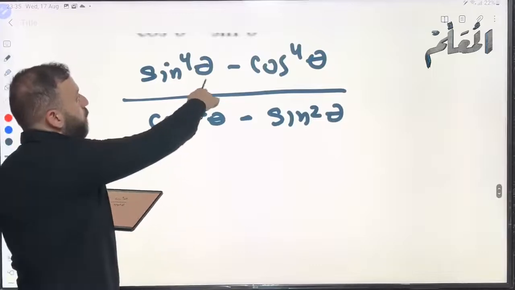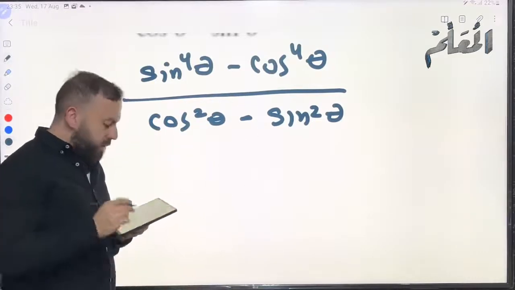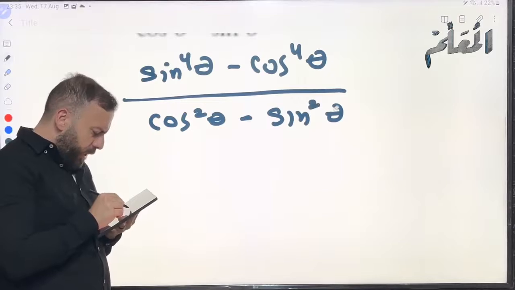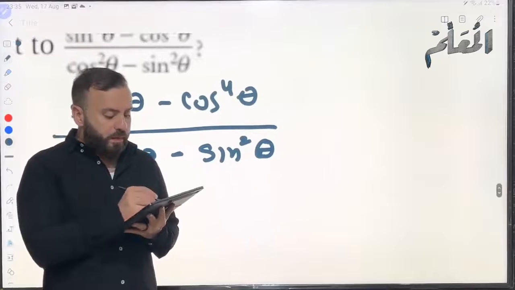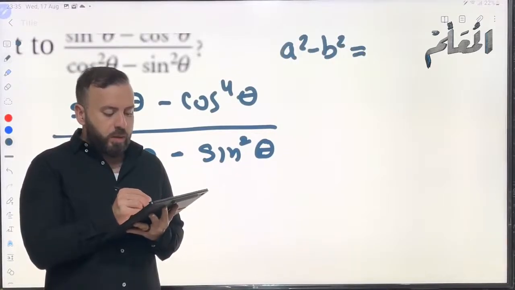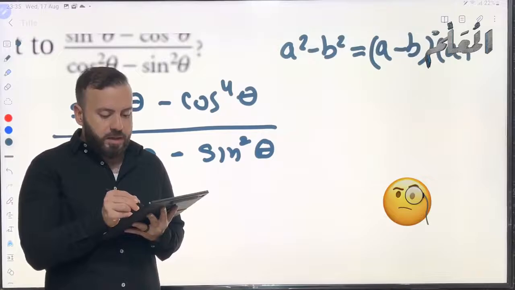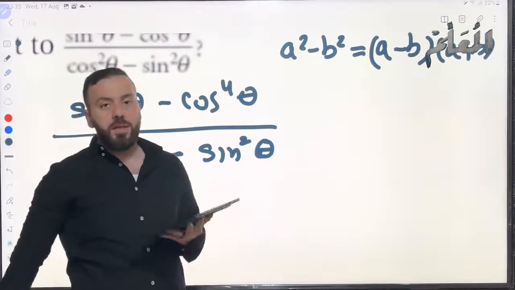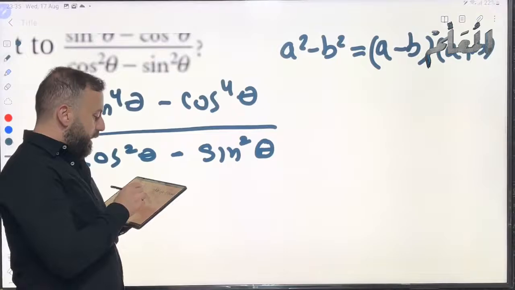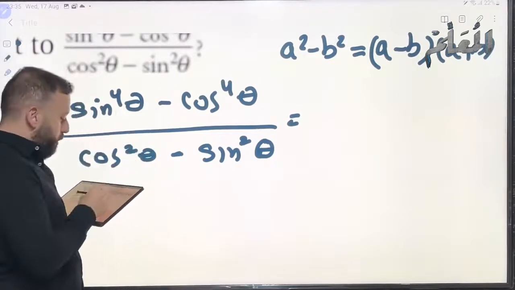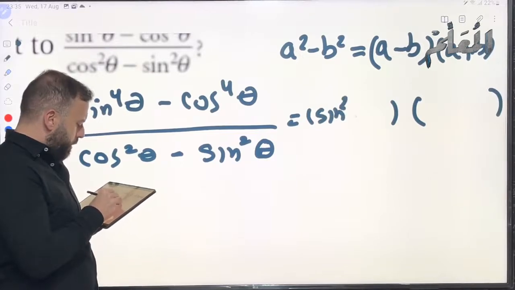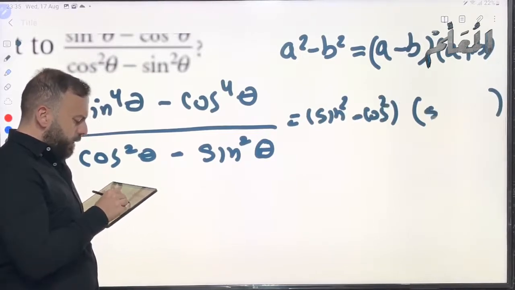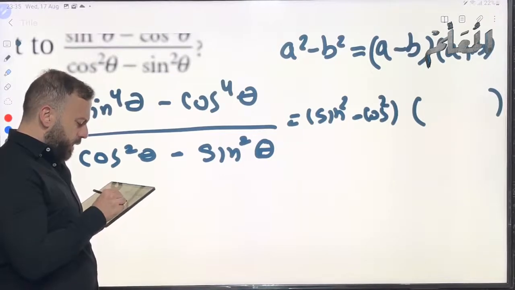In this case, sine power 4 minus cosine power 4, I will use the difference between two squares: a squared minus b squared is equal to a minus b times a plus b.